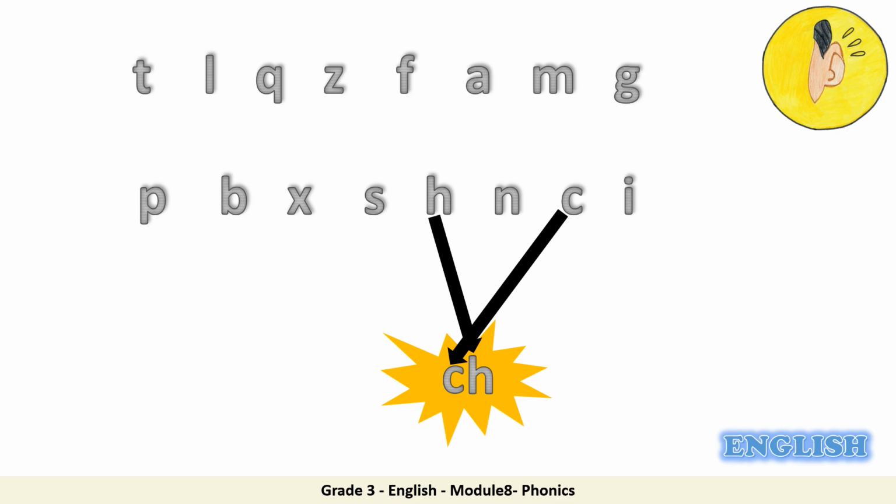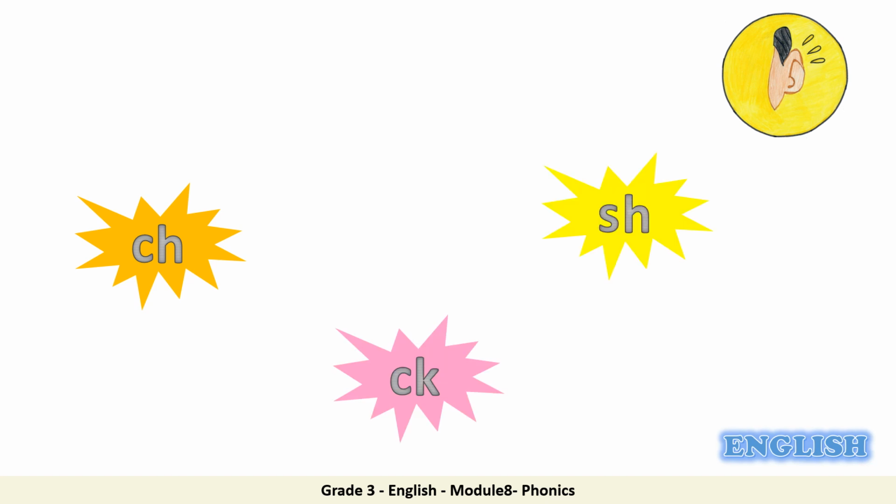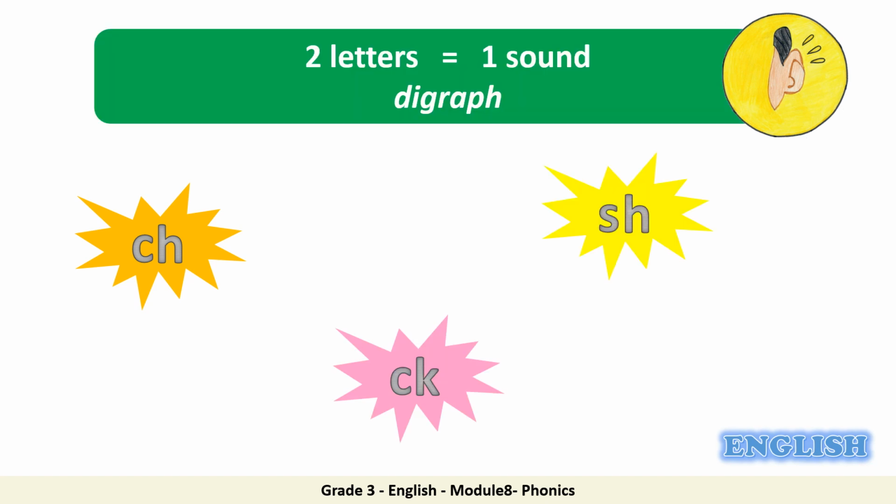I am sure you can. Let's review some. Here are more examples. Sh. When we have 2 letters that make one sound, we call this a digraph. Now I think you are ready to start with the first learning objective. Let's go.